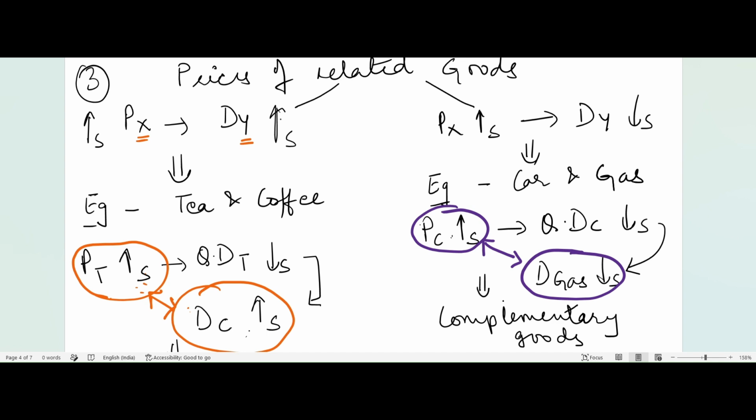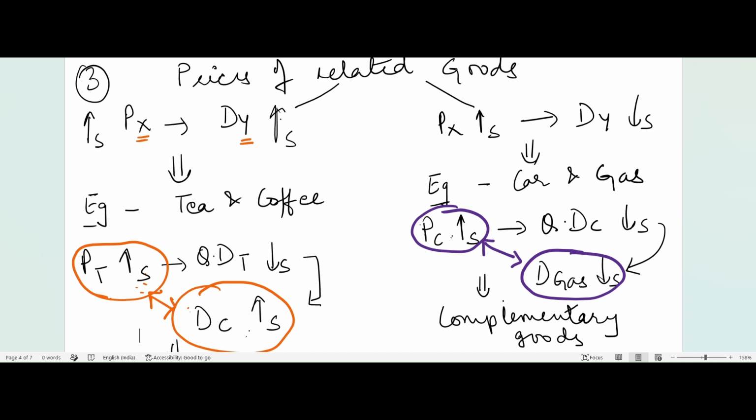Again, I'm underlining the fact that this might differ from person to person. Two goods which are substitutes for me might not be substitute goods for some other person. Similarly, two goods which are complements for me might not be complementary goods for some other person.